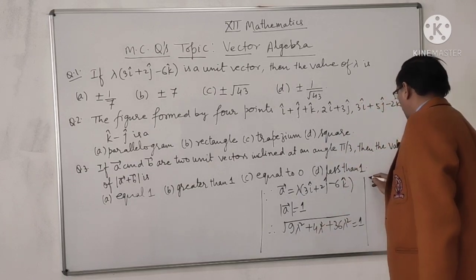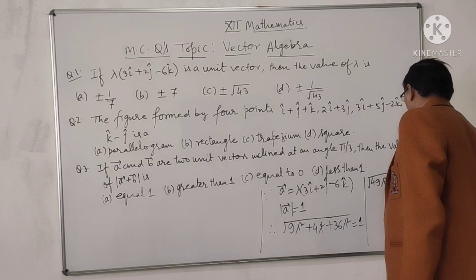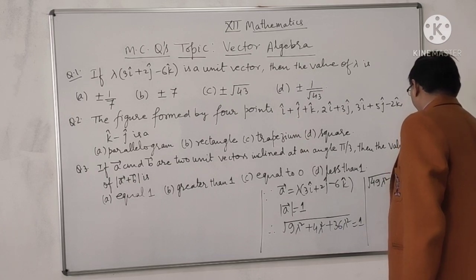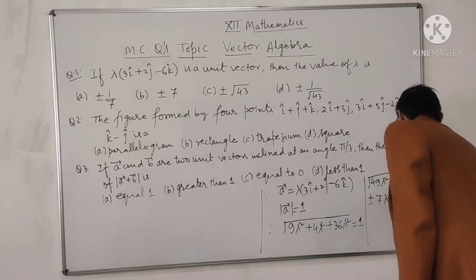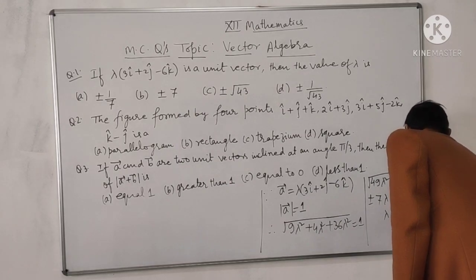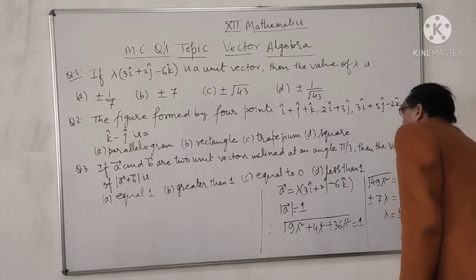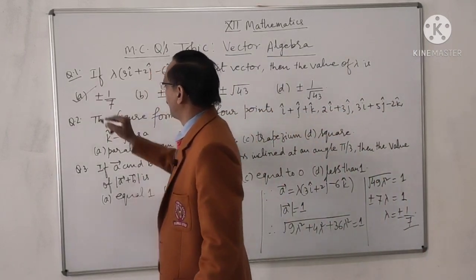Since it is root 49 lambda square equal to 1, it is plus minus 7 lambda equal to 1, then lambda equals plus minus 1 upon 7 and option A is correct here.